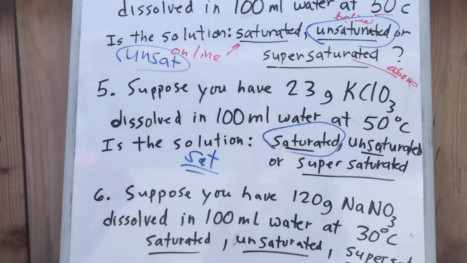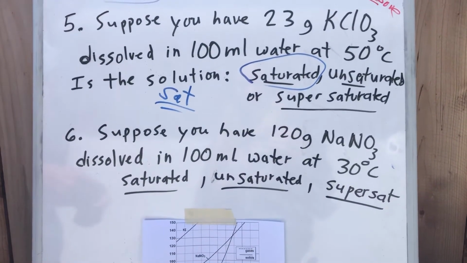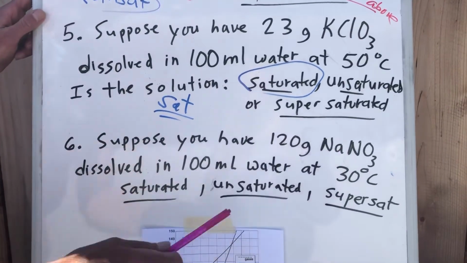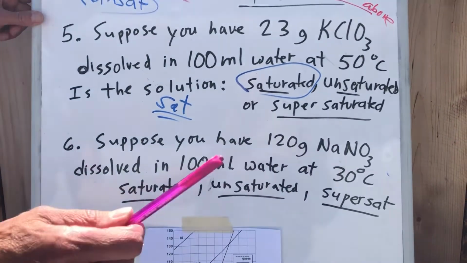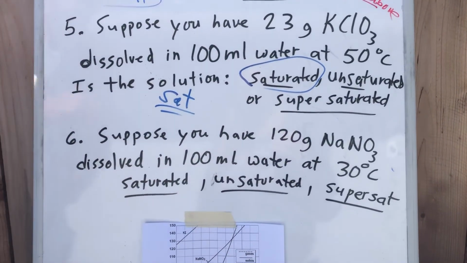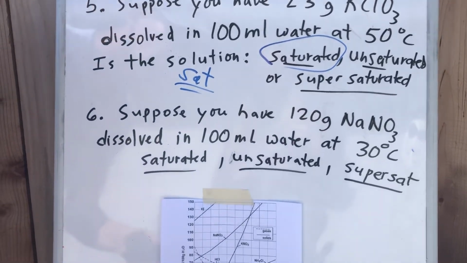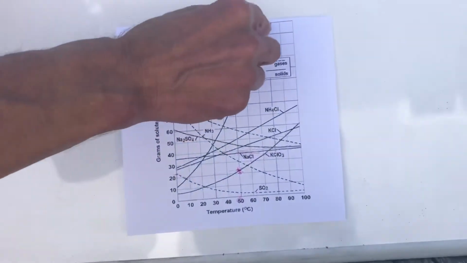The last question involves NaNO3, which is sodium nitrate. This time we're going to dissolve 120 grams at 30 degrees and ask the same question: saturated, supersaturated, or unsaturated? Let's go find the sodium nitrate curve, which is way up here.